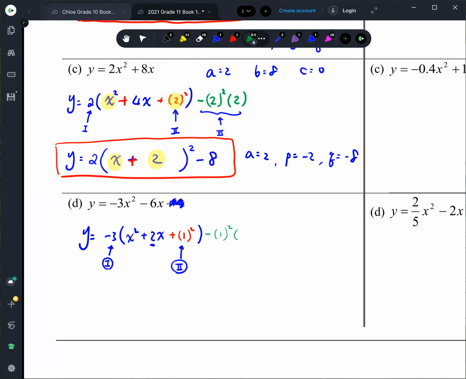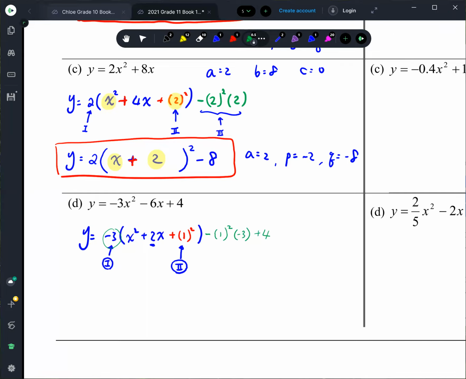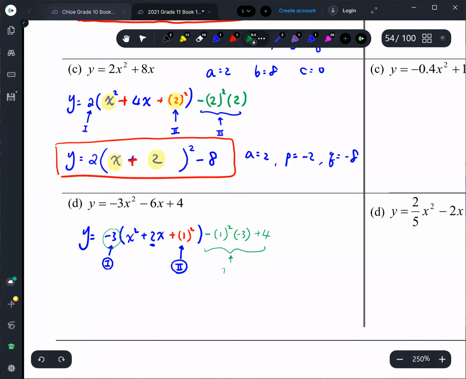Here you need to multiply by -3 because outside you have a -3. Oh, okay. What else? Then you add 4. Yeah, because the plus 4 we ignored at the beginning. You need to add it back in. Okay, so this whole part here is called balance. So that's your step 3.